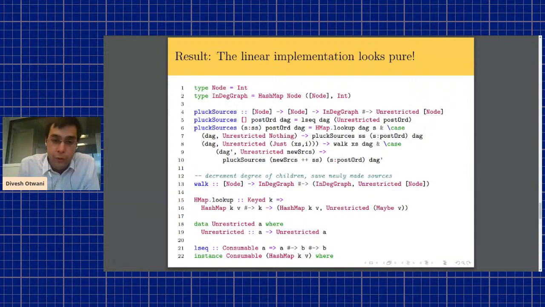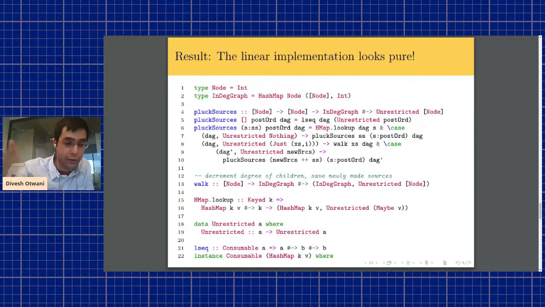Line 8, the same sort of setup. We have some children when we pattern match. Those are wrapped inside of an unrestricted, and what it means to consume a data type linearly after you pattern matched on it is that you consume only the linear components. Now, unrestricted, as shown in lines 18 and 19, has no linear components.